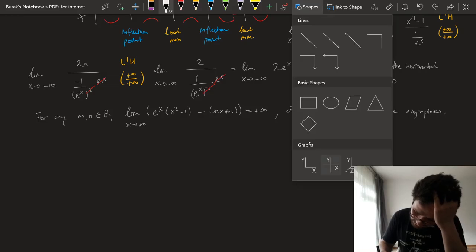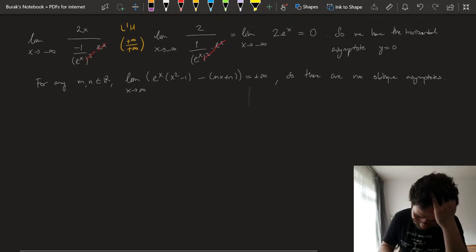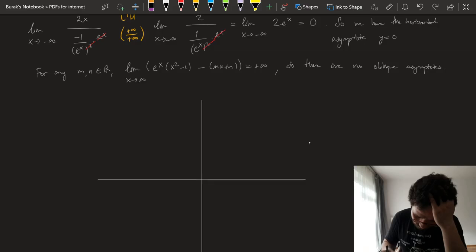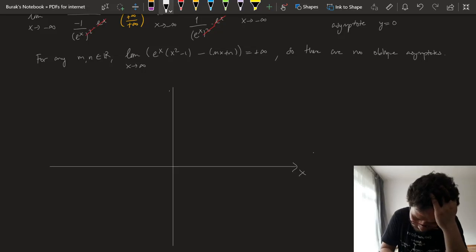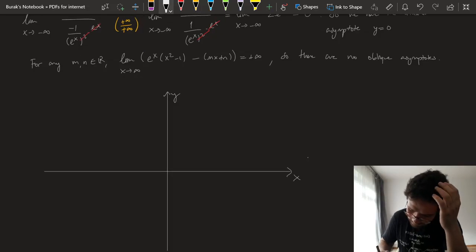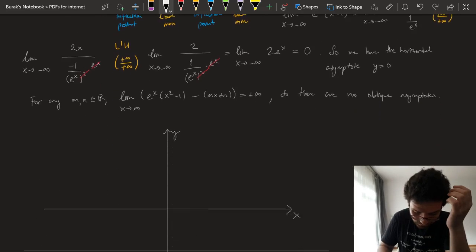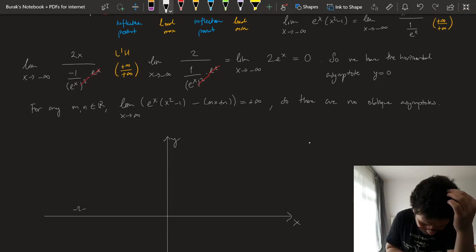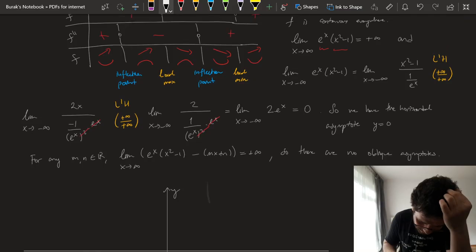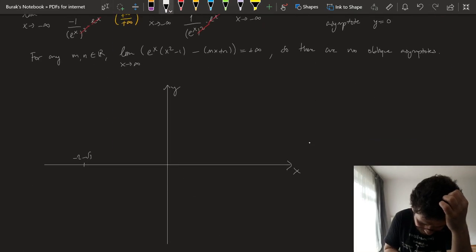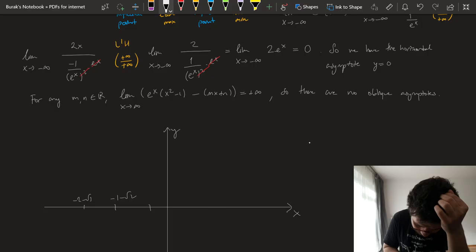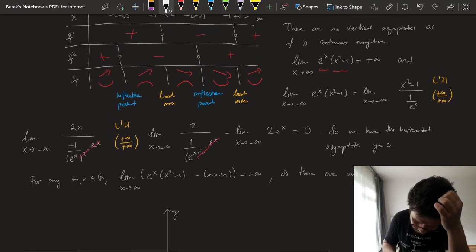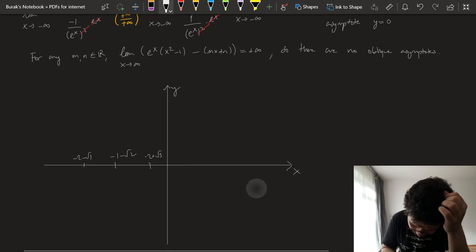So let's sketch the graph of this. I have 4 points of interest: minus 2 minus root 3, minus 1 minus root 2, minus 2 plus root 3, and minus 1 plus root 2.